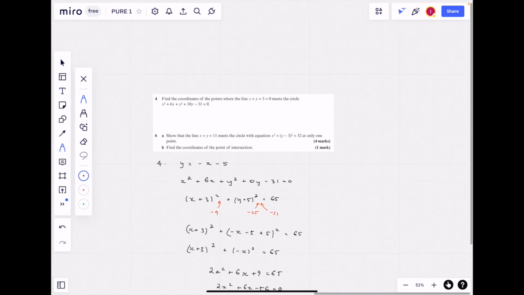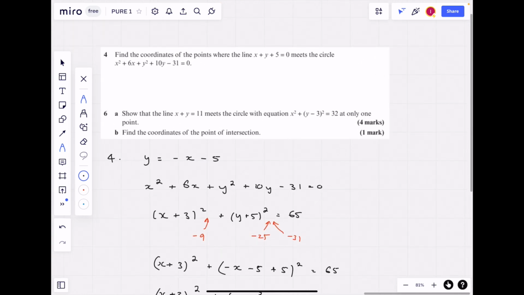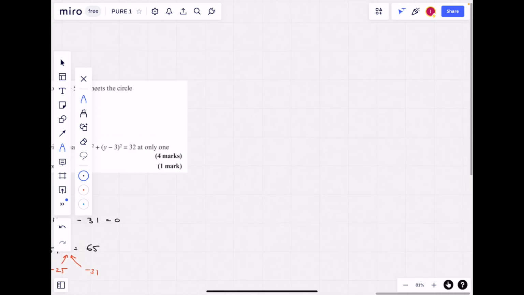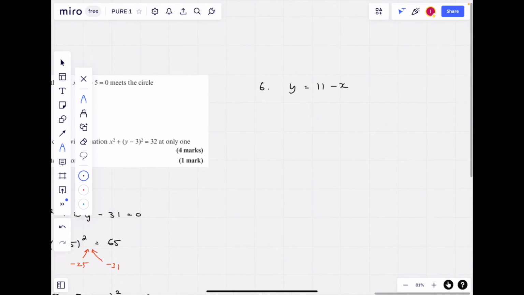Cool. Question 6. Show that the line x plus y equals 11 meets the circle at only one point. So we're going to rearrange that first one into y equals 11 minus x, and then we're going to sub it into the circle equation like this.